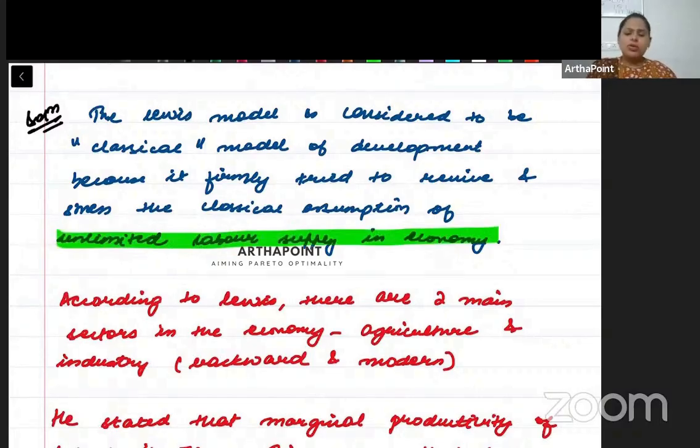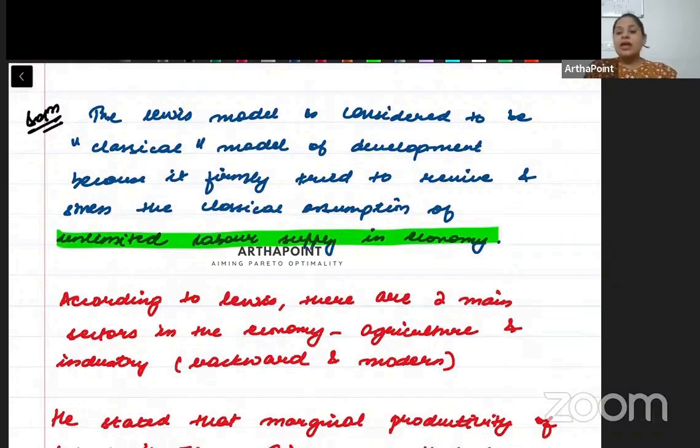Now let's talk about the Lewis model. In the Lewis model, Lewis said that there are going to be two main sectors in the economy: the agriculture sector and the industry sector. He called the agriculture sector the traditional sector, and he called the industry sector the modern sector.